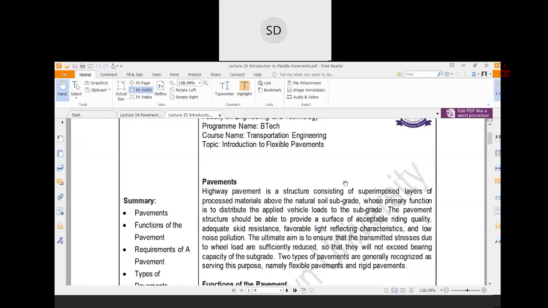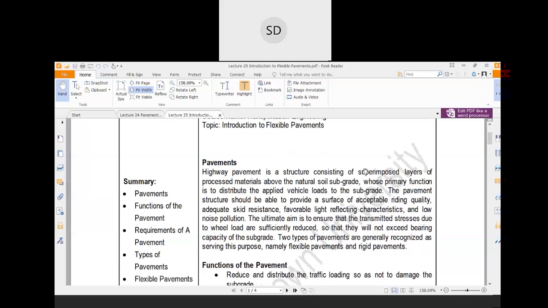Now, as we discussed, there are two types of pavements. One is flexible pavement and another one is rigid pavement. Now, let us discuss the flexible pavement. A highway pavement is a structure consisting of superimposed layers of processed materials above the natural soil subgrade.